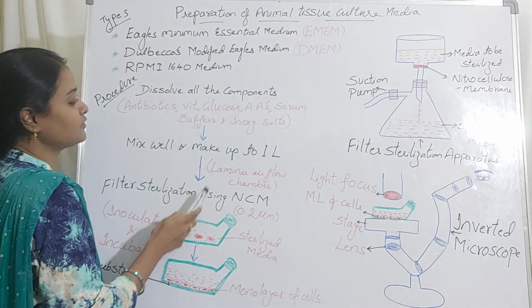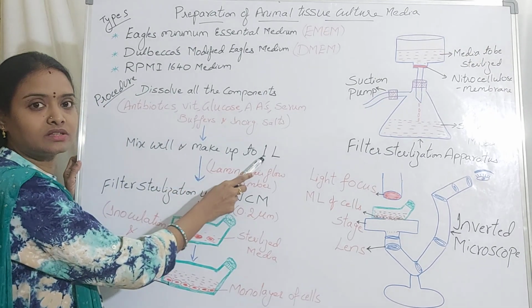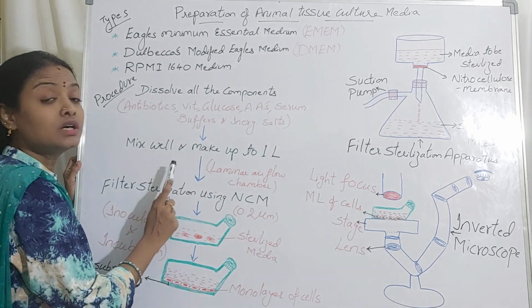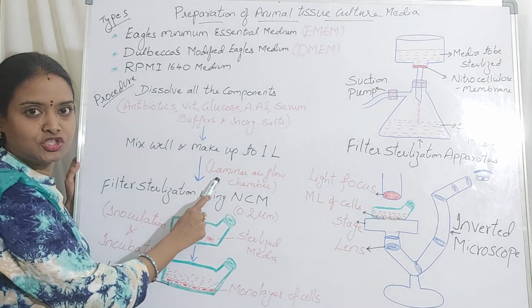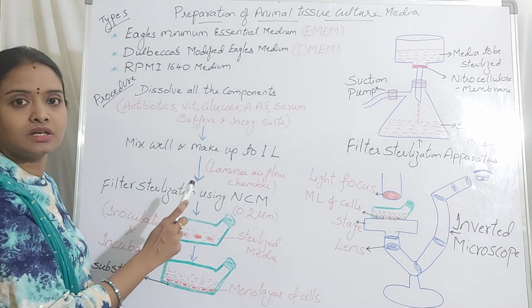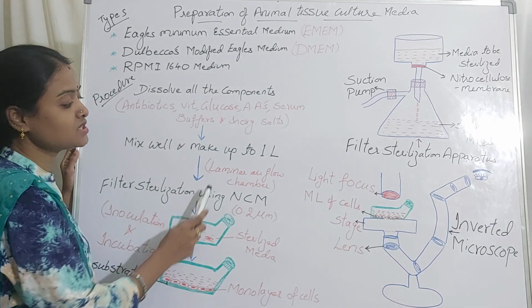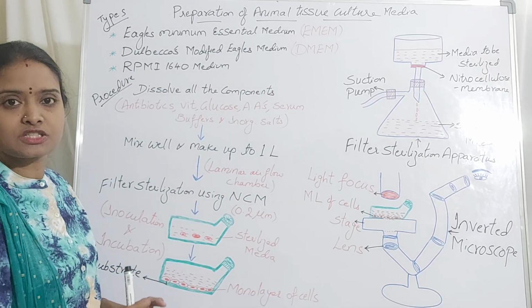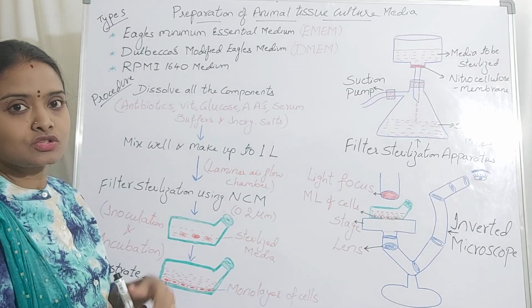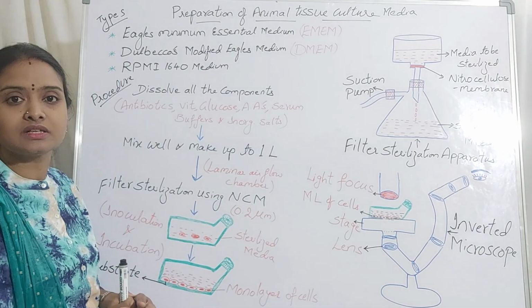After making up the complete solution to 1 liter, now you are going to use the laminar airflow chamber. This is the working place where you are going to inoculate your cells and do all the further work, right? First the laminar airflow chamber must be surface sterilized. Surface sterilization using liquids is nothing but your 70% ethanol.